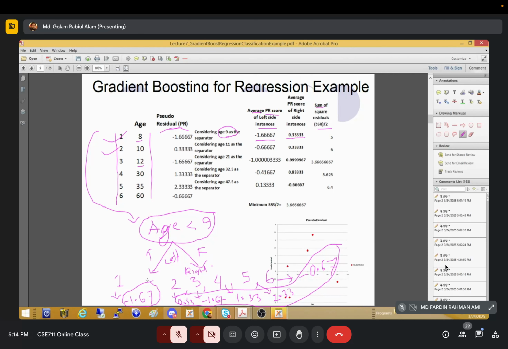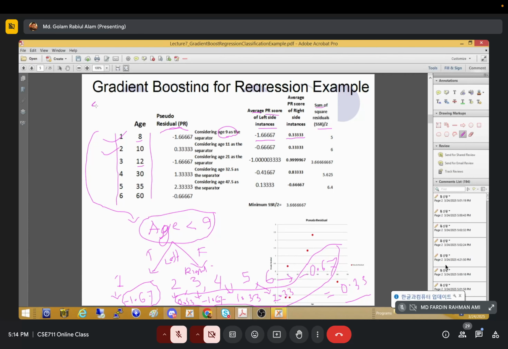This is the left side instance, and this is the right side instance. The average of the left side is negative 1.67, and the average of the right side is 0.33. So we consider those as our predictions: for the left side, the prediction is negative 1.67, and for the right side, the prediction is 0.33. Now, if we consider those as our predictions, then we have some actual residuals.